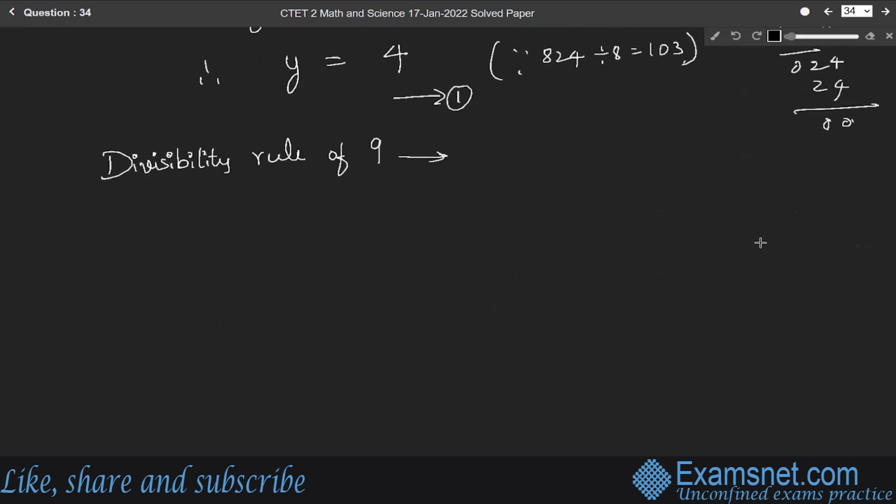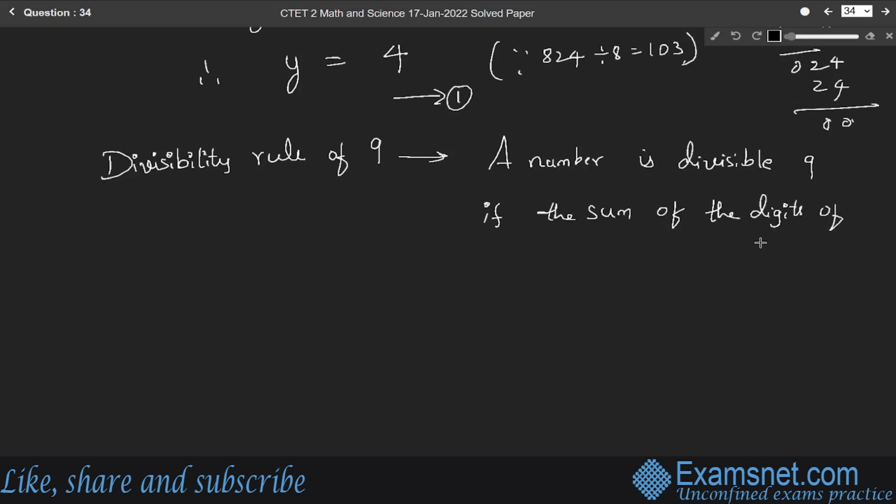So this rule tells a number is divisible by 9 if the sum of the digits of the number is divisible by 9.